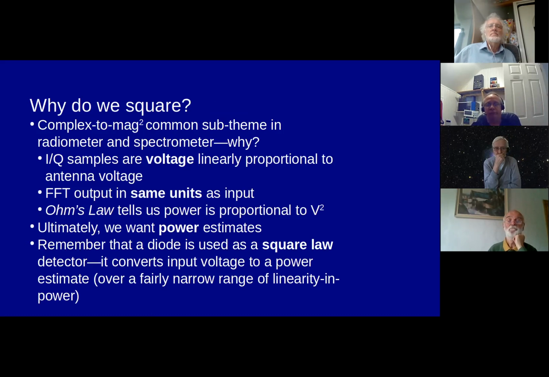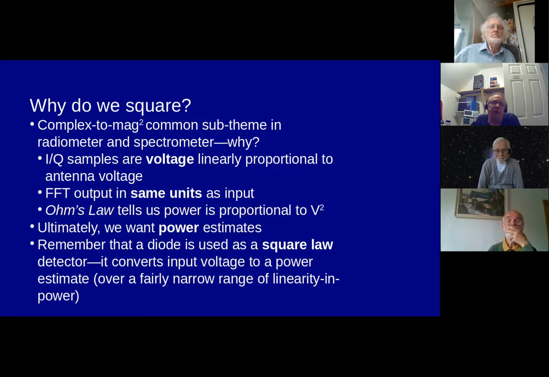Ohm's law tells us that power is proportional to the square of the voltage. Now, obviously, you're not going to know what the actual antenna voltage is, because there are all kinds of stages of gain and loss and mixing and so on. But the entire process is more or less linear, so the voltage samples that you're seeing are linearly proportional to whatever is happening at the antenna.